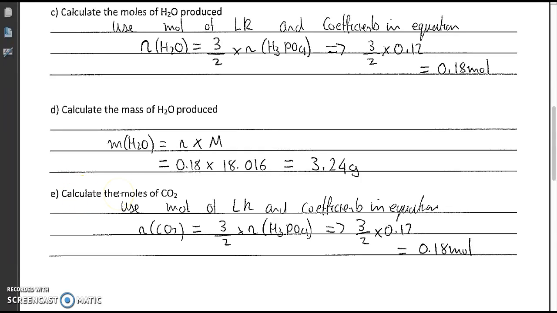This next question is very similar, saying to calculate the moles of carbon dioxide, so you can follow the same process as was done in question C here. So you're going to use the moles of the limiting reagent and the coefficients in the equation to make sure that the amount of carbon dioxide you're obtaining is correct.